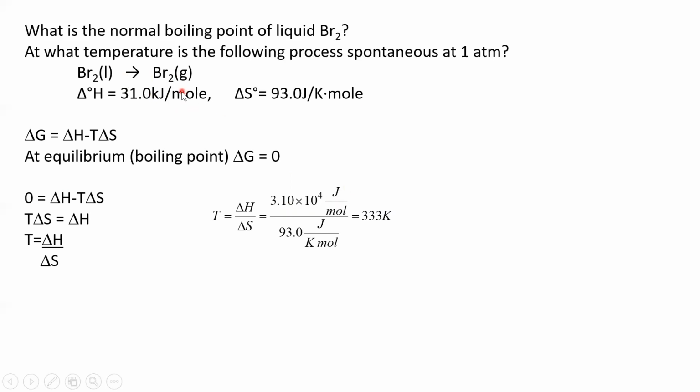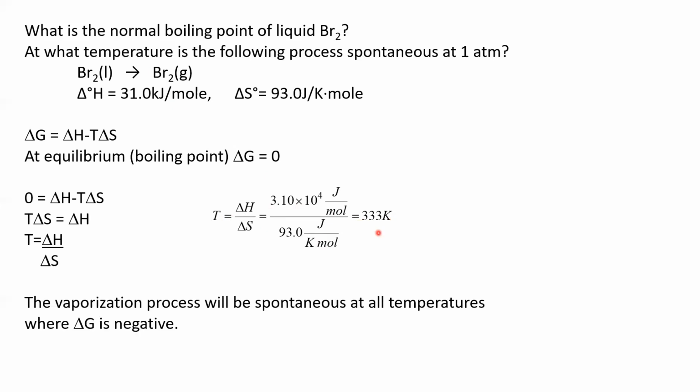There's our enthalpy value. We're going to divide it by our entropy value. Notice that now the joules cancel out. The moles cancel out. We're left with 1 over Kelvin, which gives us Kelvin. So T equals 333 Kelvin.